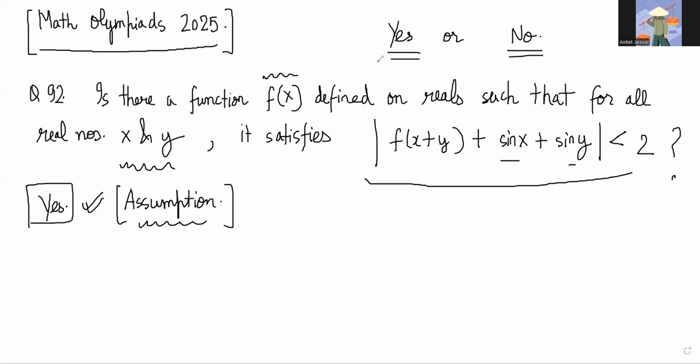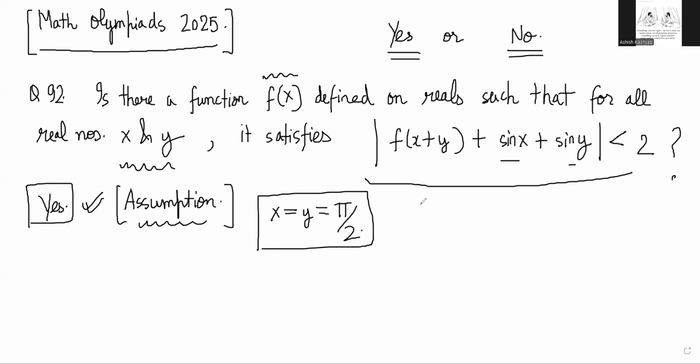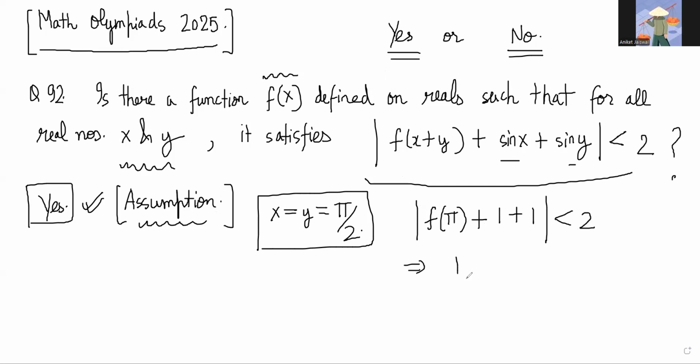Pi by 2, 0, pi by 4. So the first thing I would do is put x equal to y equal to pi by 2. Let's see what comes. You are getting mod of f of pi plus 1 plus 1 less than 2, so basically mod of f of pi plus 2 is less than 2.